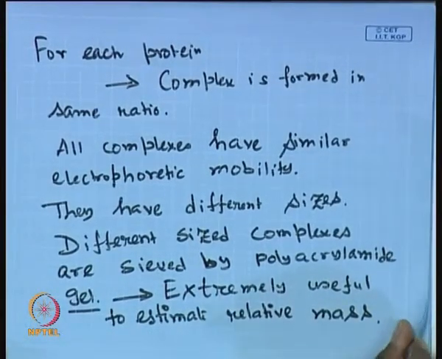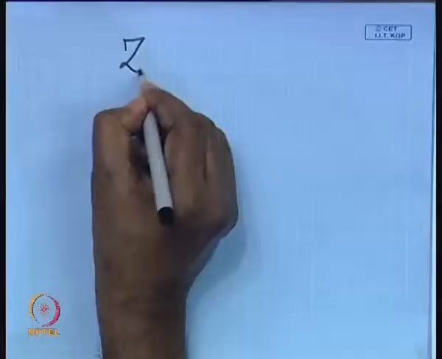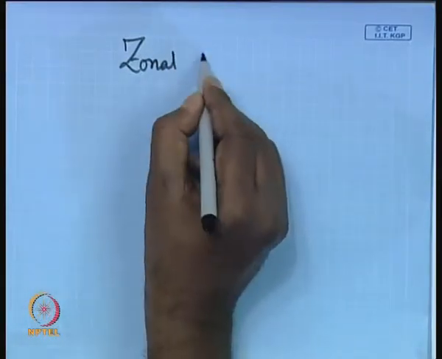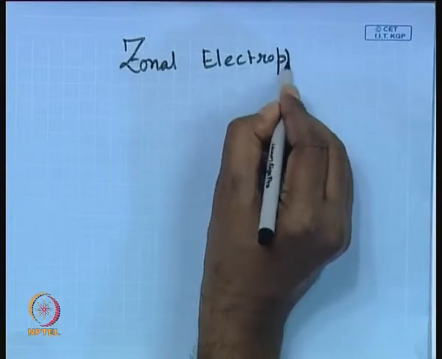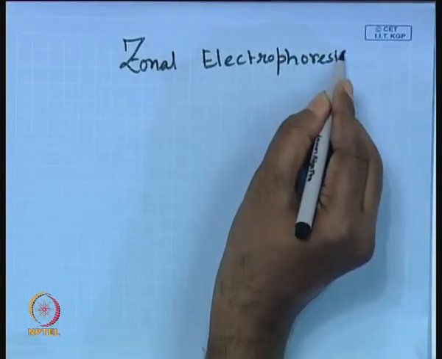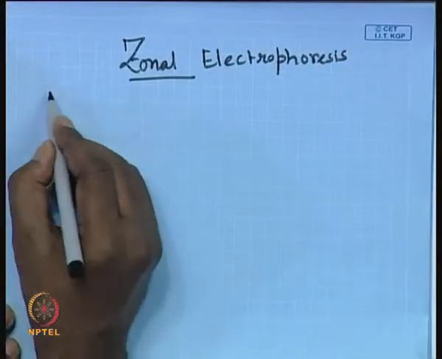Okay. Then let us talk about zonal electrophoresis and how to quantify it. It is just exactly like a chromatographic column.